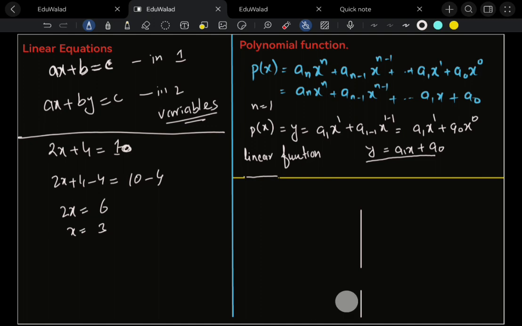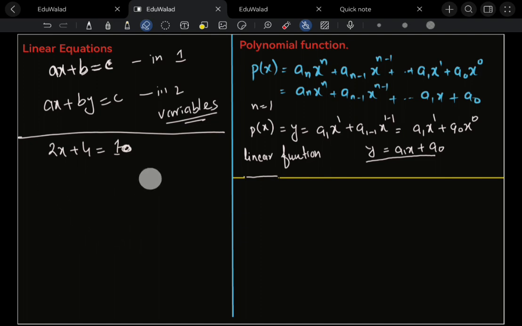Now coming to two variable equations like ax plus by equals c. A two variable equation is 3x plus 4y equals 2.